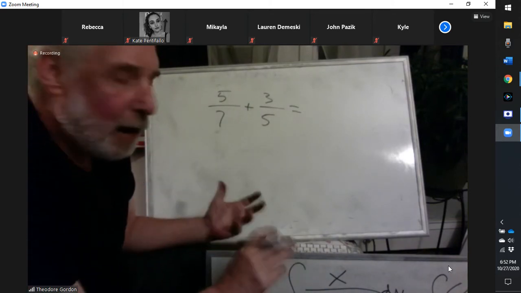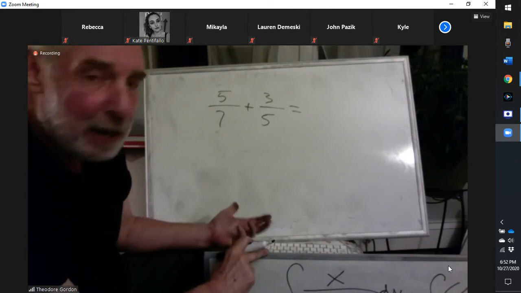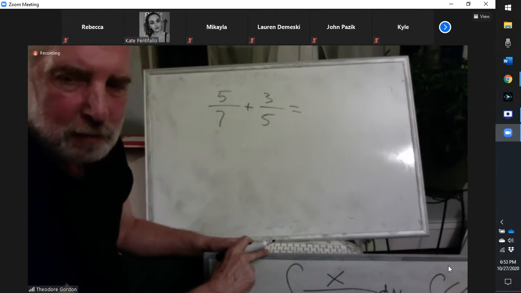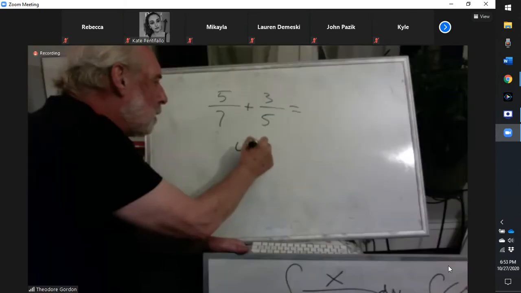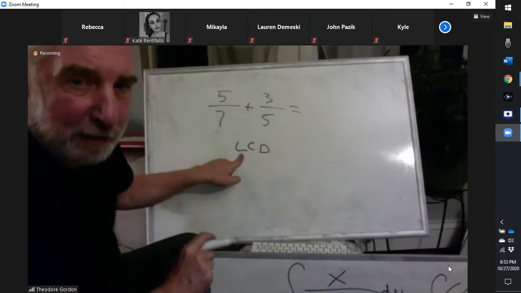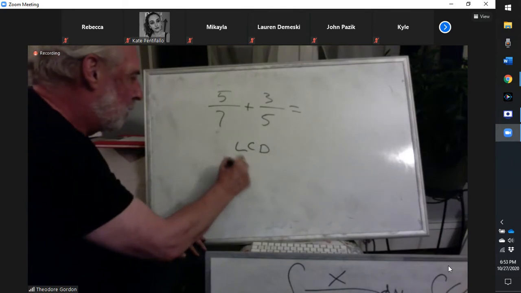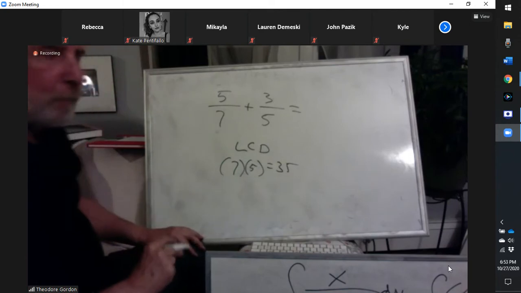How do we add those fractions together? The answer is not 8 over 12, right? What do we have to do first? Find the least common denominator. I prefer the word laziest common denominator. And that is 7 times 5, which is equal to 35.